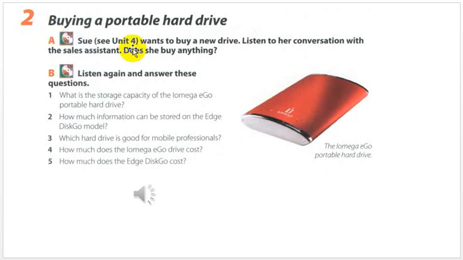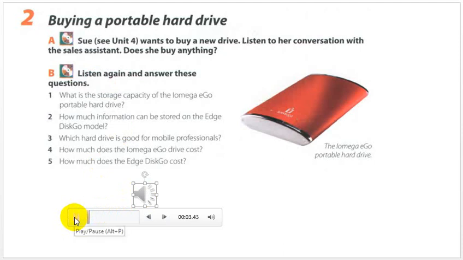Okay, this is a question. Please find the answer for this question. Listen again and answer these questions. یک بار دیگه بشنوین و این سوالا رو جواب بدین. Okay, you can click on this loudspeaker sign and then play here.